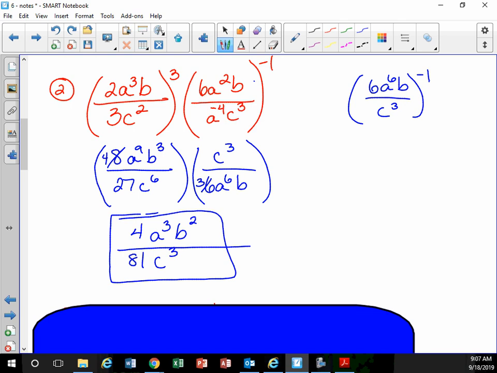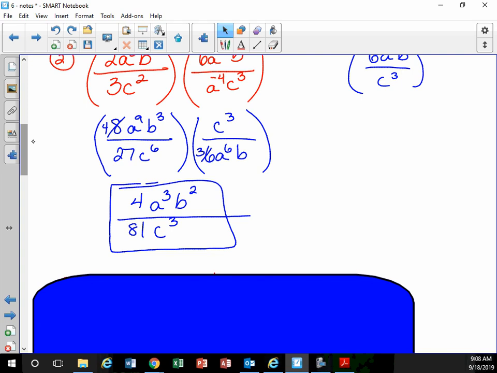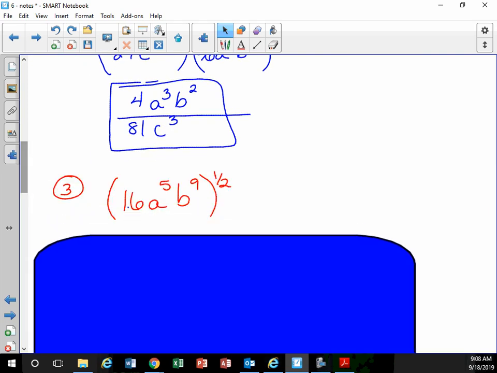How we doing? Take your time when it's all of those rules together. You gotta just slow down a little, piece at a time, okay? All right, let's keep going. And we haven't done any of the fraction exponents yet, so let's look at that.